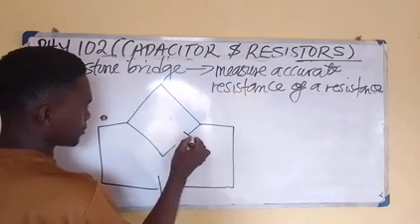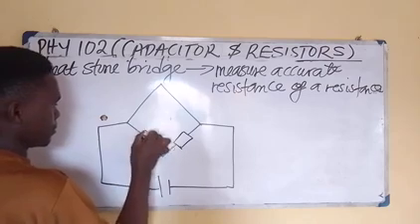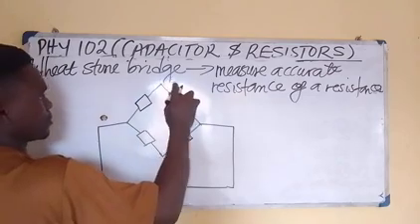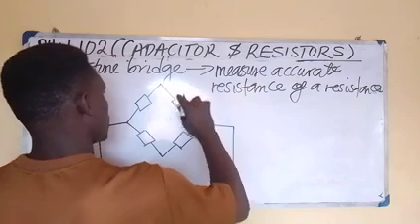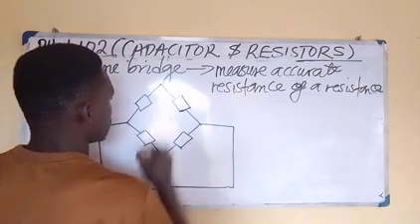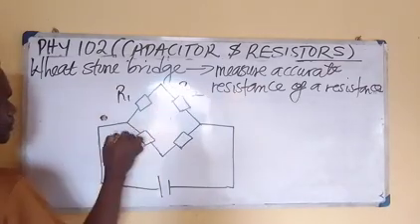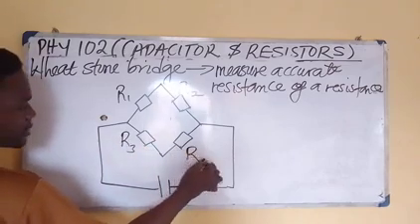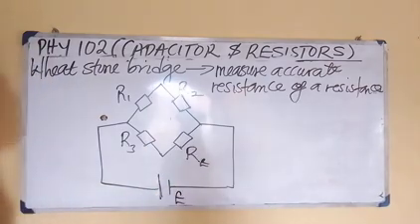So here, this is R1, R2, R3, then R4. And this place is the cell, which is the electromotive force.